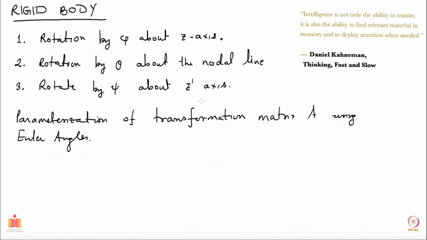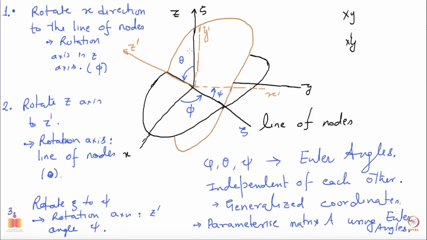And then you had rotation by theta about the nodal line. So you took the z axis and brought it to its new position z prime by rotating by an angle theta about this line of nodes.